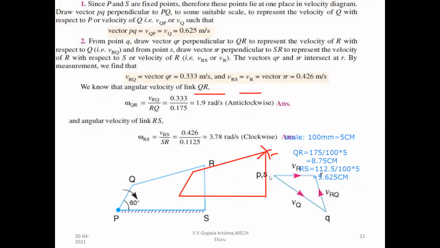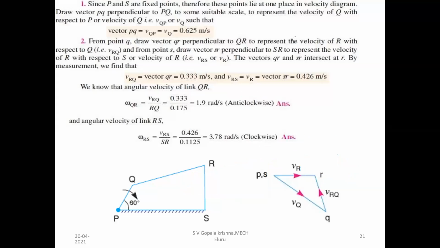First you have to take one horizontal line and choose a point. That point is taken as P, S. Why? Because the fixed points P and S are taken as the starting points.